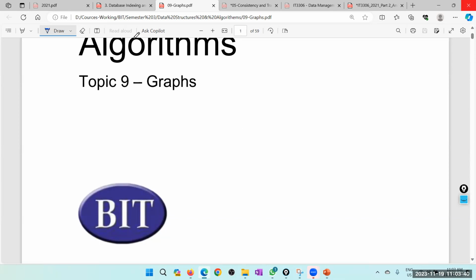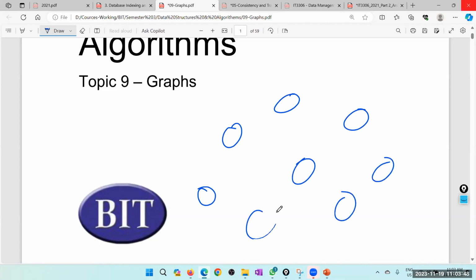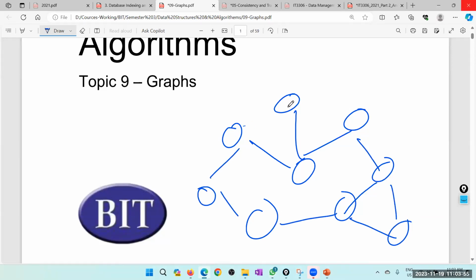So graph is a set of nodes interconnected. So we have a set of nodes. There's no rule or no restrictions. You can just connect it depending on, of course, your requirement. So that is what graph is. So it's interconnected nodes.